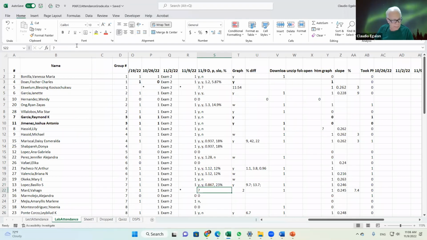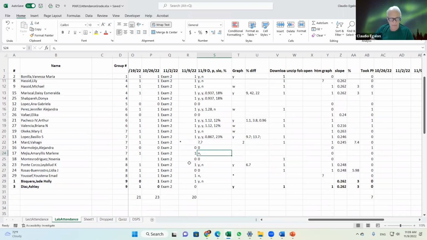So now what about Fahad? What happened to Fahad? Are you there, Fahad? Okay, I don't see Fahad here. Alejandra Marmolejo is not here. Yeah. Next is Amarilis.